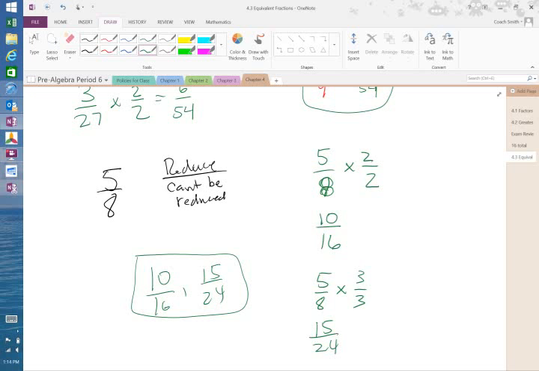All right? And the reason we multiplied it twice is because it would not reduce. So the first time you multiply it, it's 2 over 2. And as we stated, each one of these fractions is equal to 1.